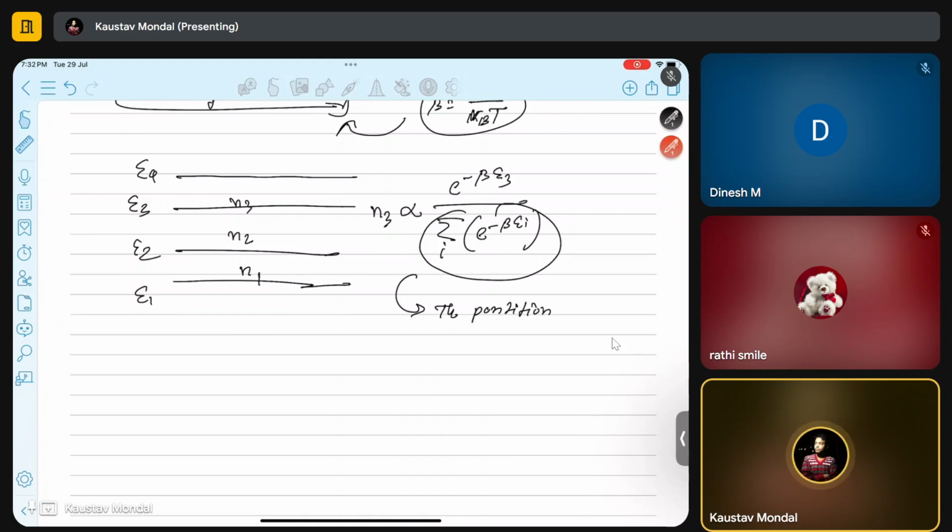It is fixed for a particular problem at a particular temperature.